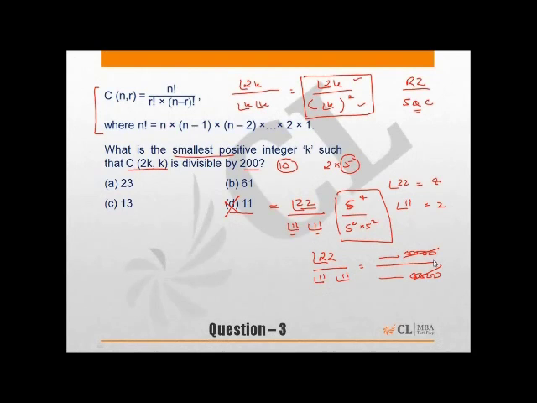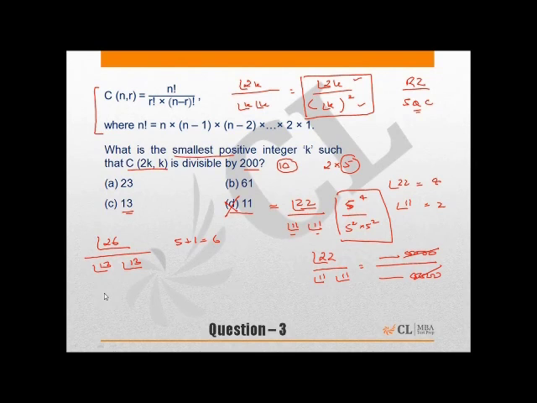We need the numerator to have at least 2 zeros more than the denominator. Let's look at the next one. 13 means 2k will be 26, so 26 factorial upon 13 factorial into 13 factorial. Highest power of 5 in 26 factorial will be 26 by 5 is 5 plus 1, so 6 will be the highest power.